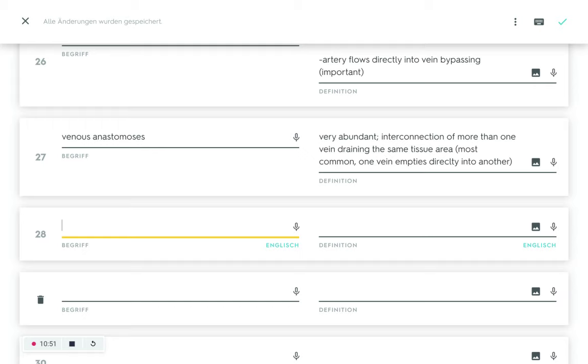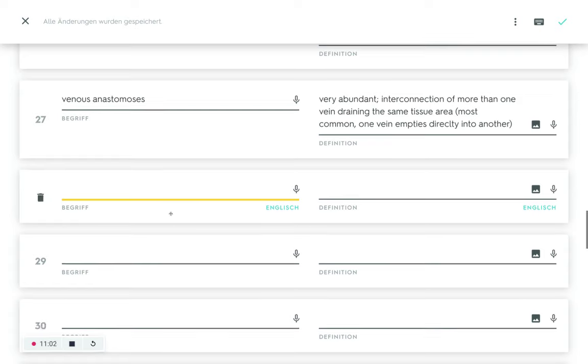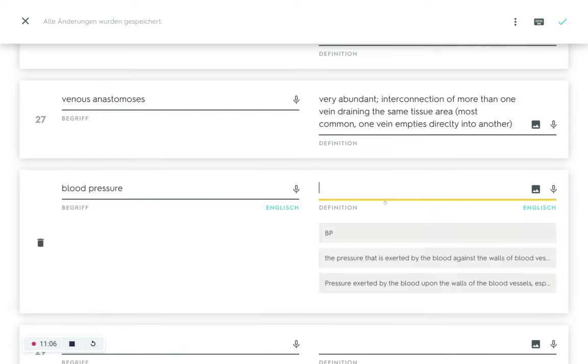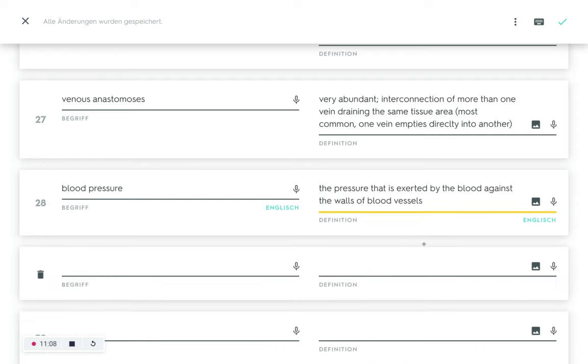Now, blood pressure. Blood pressure was one of the last segments that we talked about. We talked about hemodynamics. We know what blood pressure is. So blood pressure is the pressure exerted by the blood against the walls of the blood vessels. Plain and simple.